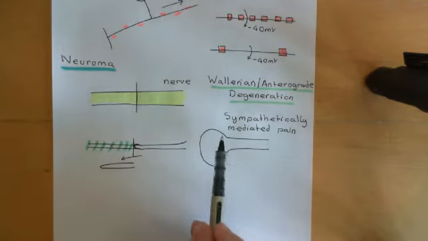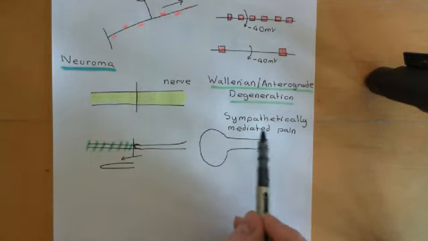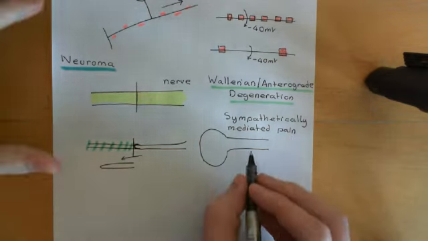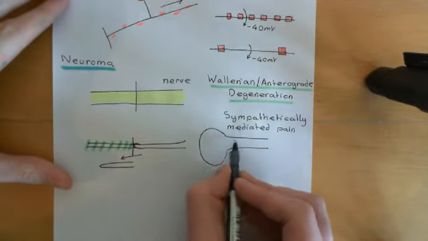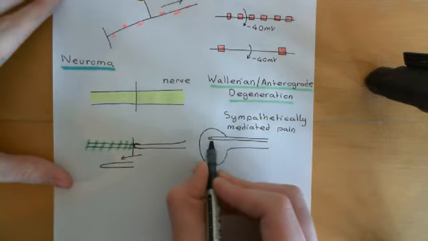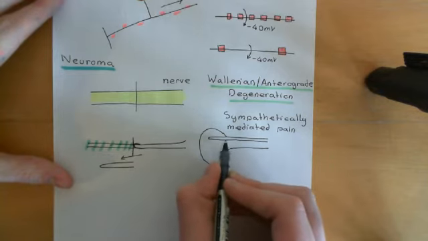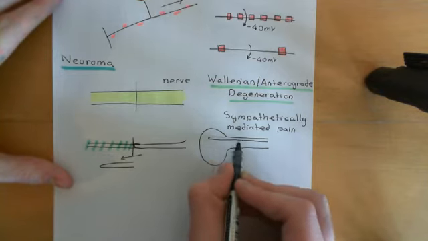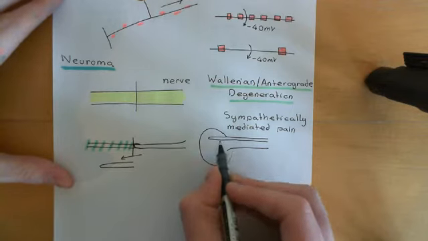When you get a traumatic injury to the nerve like this, and you get the formation of one of these neuromas, of course there are going to be post-ganglionic sympathetic axons running in this nerve, and they're also going to have axon stumps growing in like so. One of the things that is thought to happen is that the axon stump of the postganglionic sympathetic neuron could actually join with the stump of a primary nociceptive neuron.